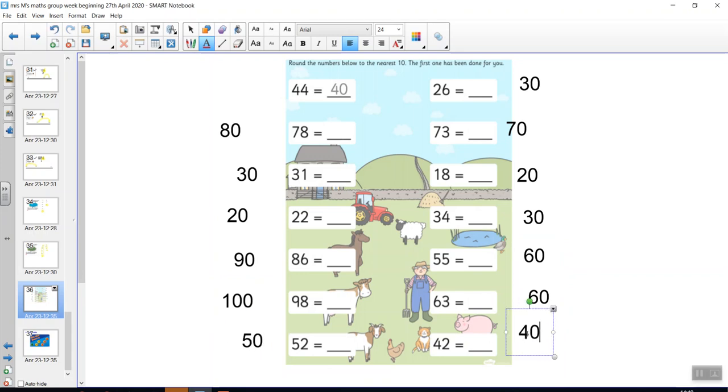And 42 rounds to 40. Well done if you got those.